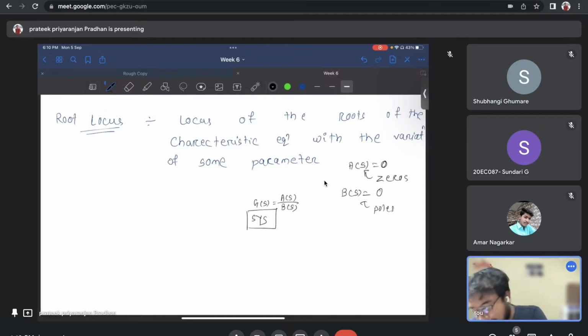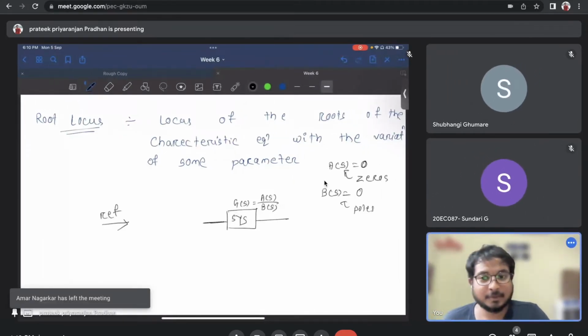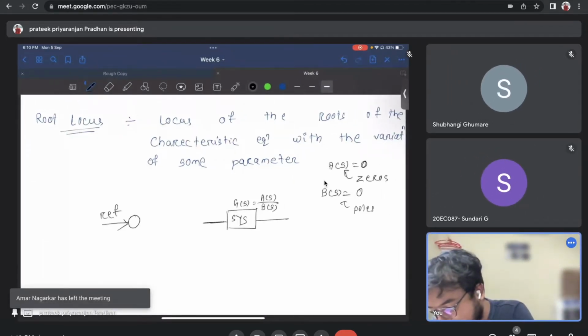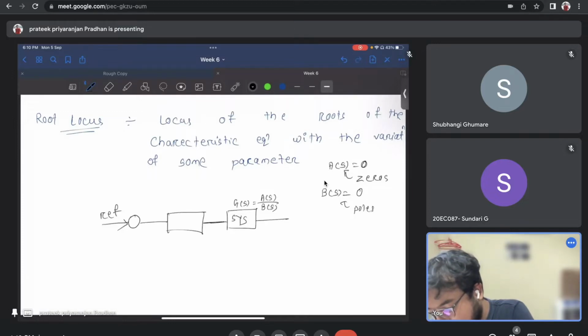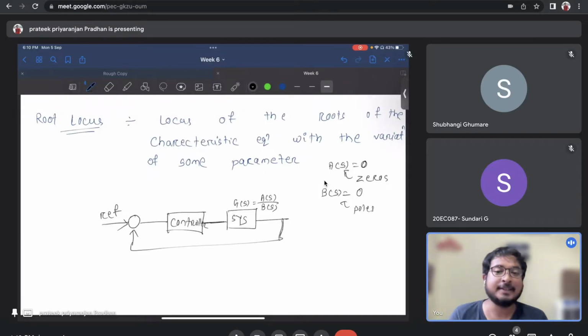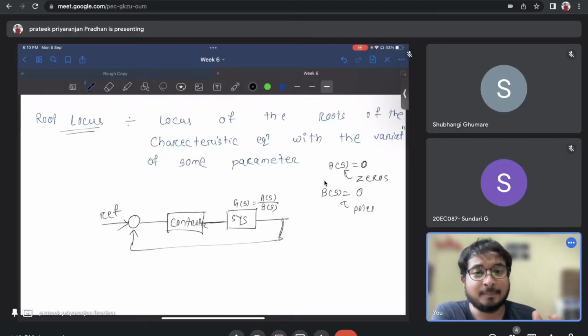Now this is my reference signal, and this is my controller. If you haven't watched the controller lectures and don't know why a controller is required and how it's useful, I highly recommend going through the lectures or my previous week 5 live session.